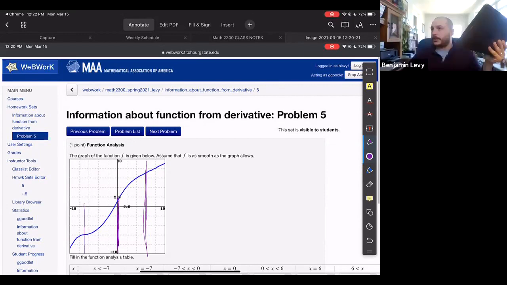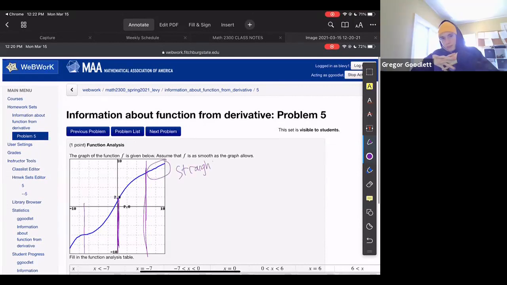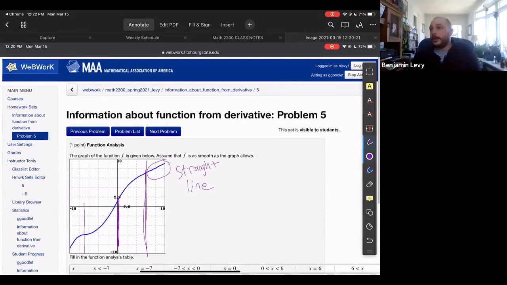I guess the question is, past 6 is the second. It's saying that this is a straight line. It looks sort of curvy. It looks bumpy as heck. Yeah, it looks like it goes up and down.